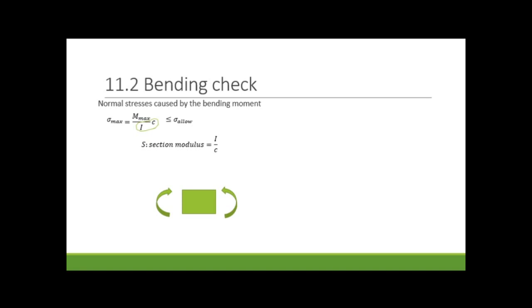Therefore, if we choose any section, we can directly calculate the section modulus. For example, if I have standard sections, the section modulus is available in the section property list. Therefore, we change the section modulus in order to find the optimum section for designing beams. So I want to continue.